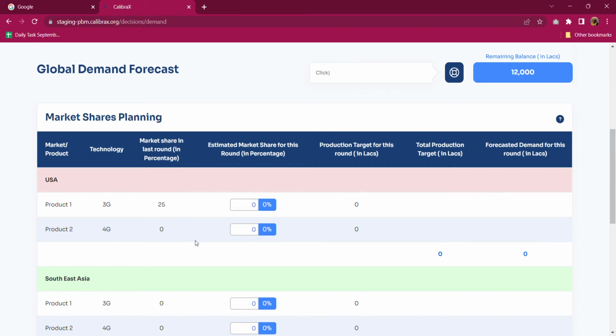How will we be able to proceed on entering the market share for this round? Carefully we have to look at the forecasted demand for this round.